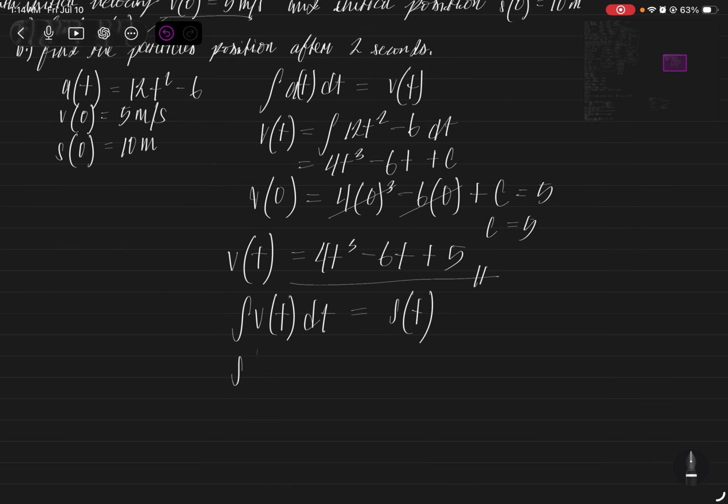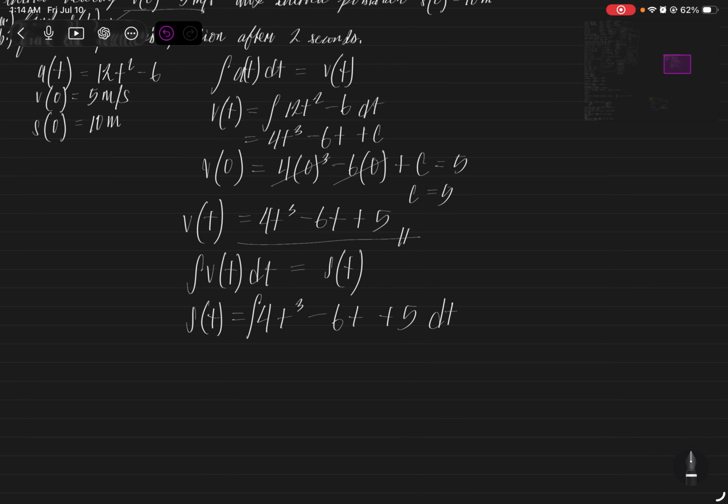Now to find the position, we have the calculated equation 4t cubed minus 6t plus 5. Integration, of course, then dt.